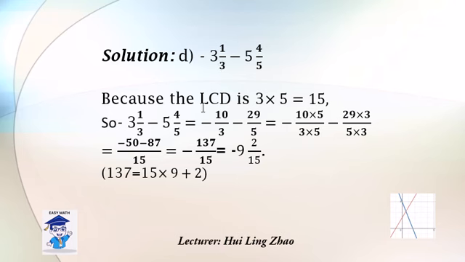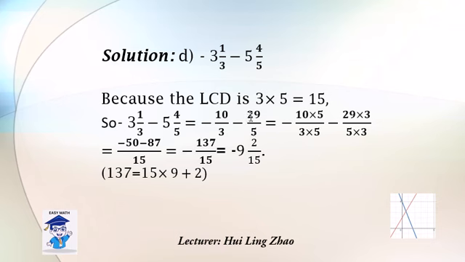So the LCD is 3 times 5 is 15, right? So for the first term, negative 3 and 1 over 3, we can change it: 3 times 3 is 9. 9 plus 1 is 10. So it's negative 10 over 3. And the second term is 5 times 5 is 25. And then plus 4 is 29.